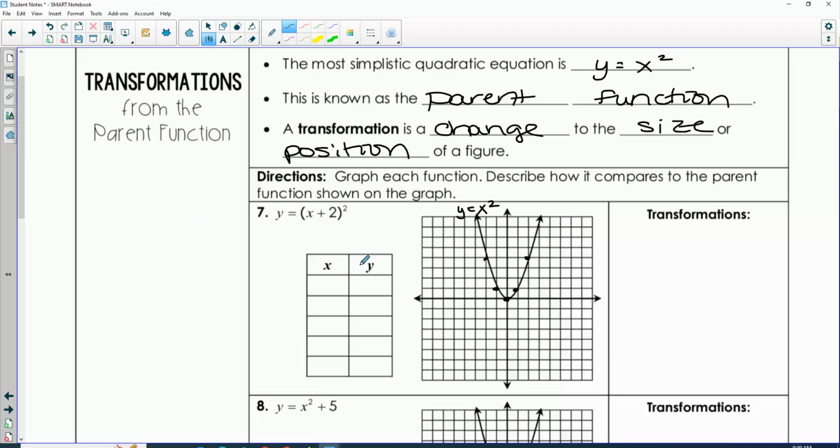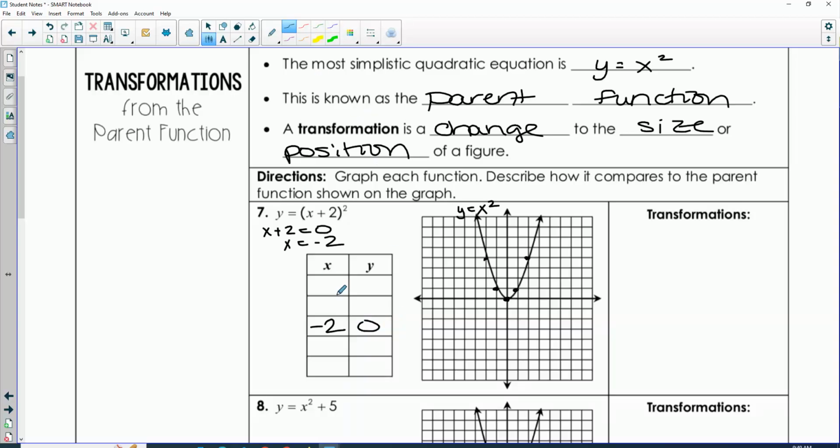So if I look at problem 7, if I were doing this yesterday, we would have done the vertex. So my vertex, we set the inside equal to 0, so that gives me x equals negative 2. So that's the x value of the vertex. The y, what's added or subtracted on the end? 0.